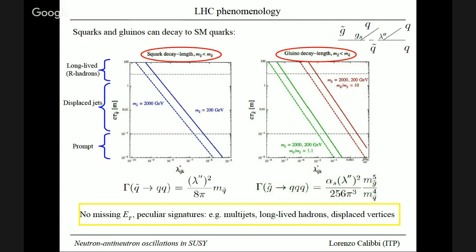So only for very large parity violating coupling, we will have prompt decays. And in general, even if the gluinos are heavier than the quarks, they will still decay through this diagram. This time much more efficiently. This decay will be on shell.